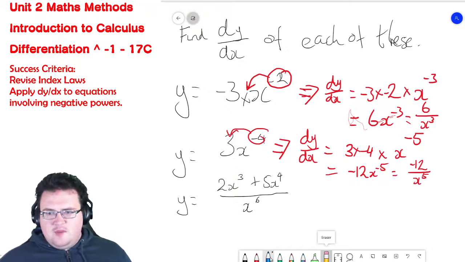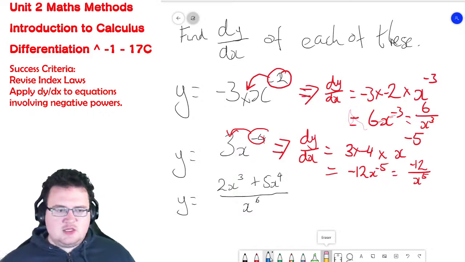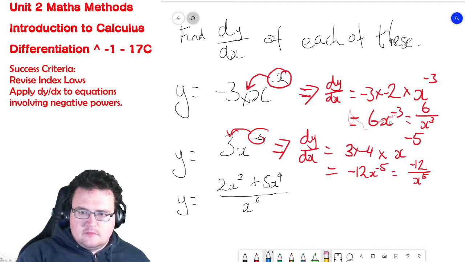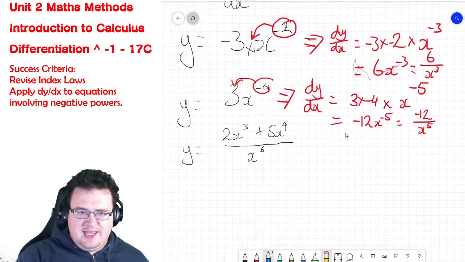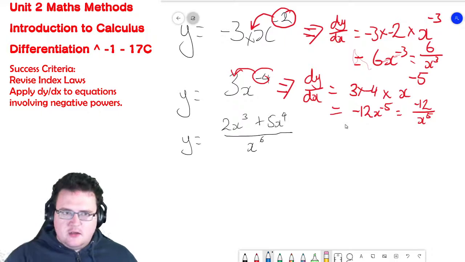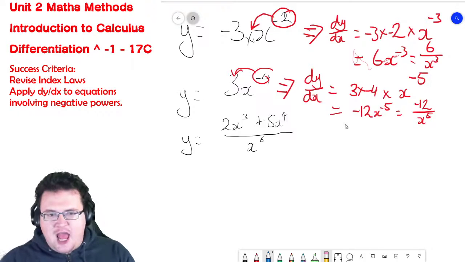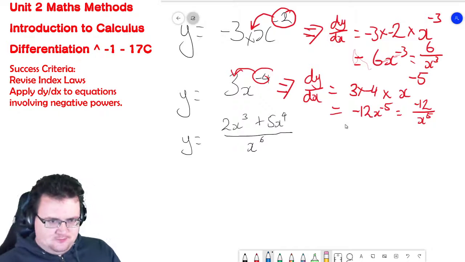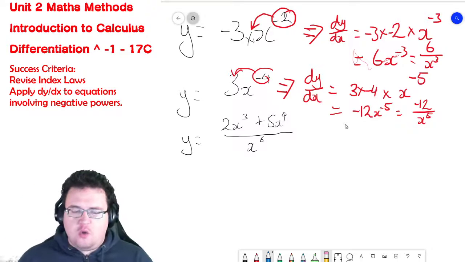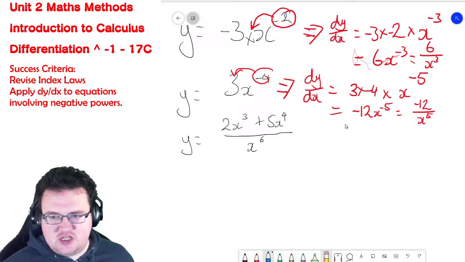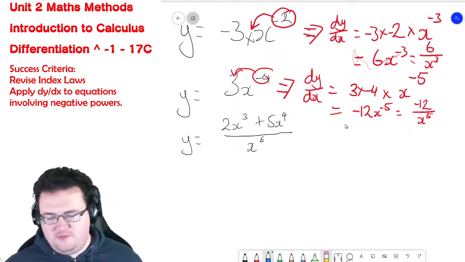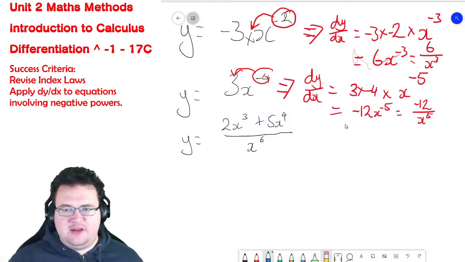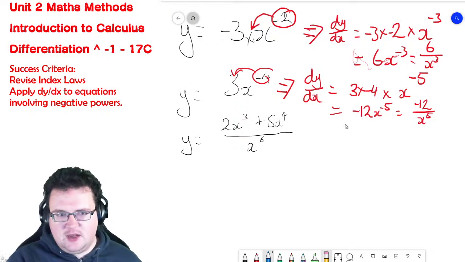All right. Now, last one, a little bit different, because it is written how your CAS would present it to you. If you were, for example, doing a bunch of stuff using differentiation, using fractions and negative powers, you might get something that looks like this as your answer.